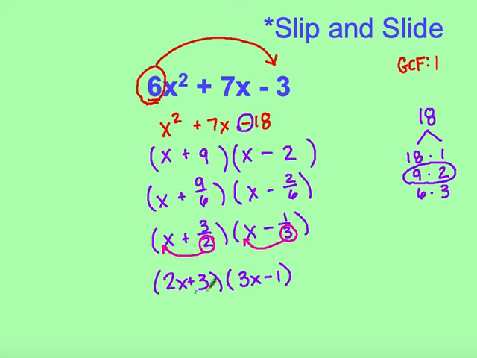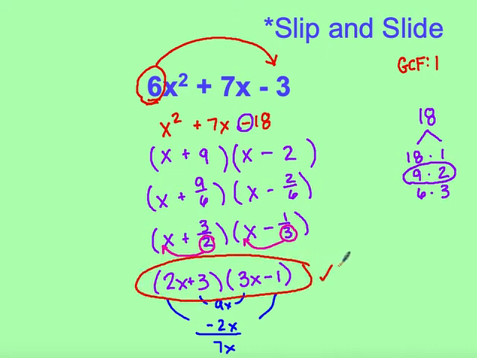So my firsts give me 6x squared. My lasts give me negative 3. I'm going to test the outsides and the insides, and that gives me 7x. So this is indeed my two binomials, 2x plus 3 and 3x minus 1.